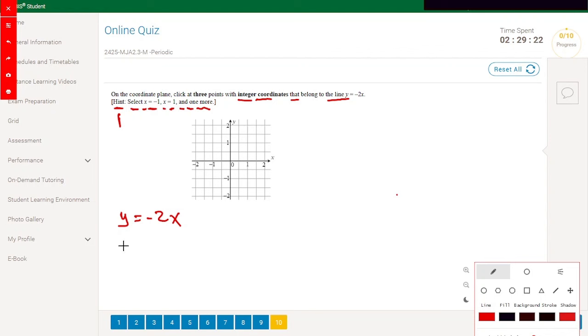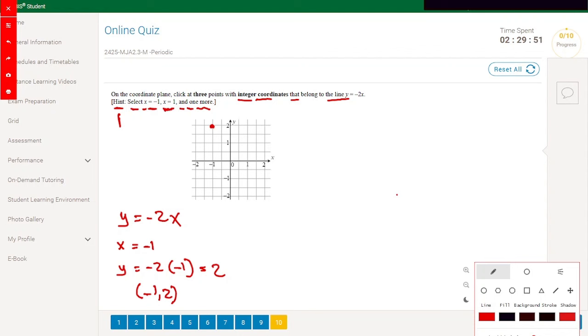Let's take when x equal to minus 1. So y will be equal to minus 2 multiply minus 1, which will be equal to 2. So the first point will be minus 1 and 2. So let's draw it here. So minus 1 and 2. So this will be the first point.